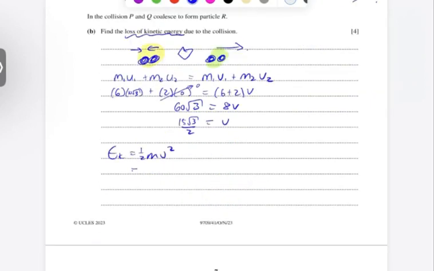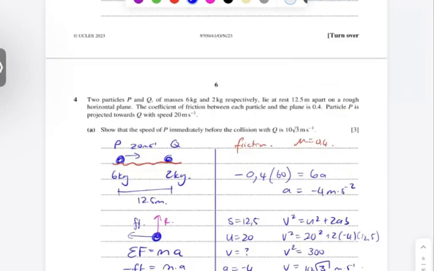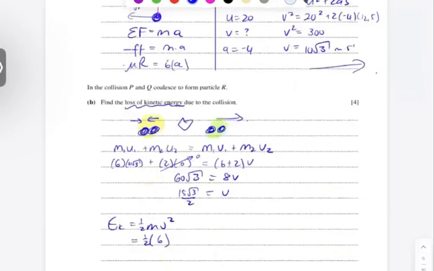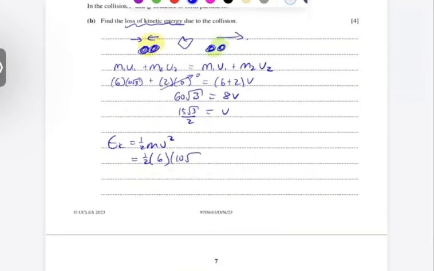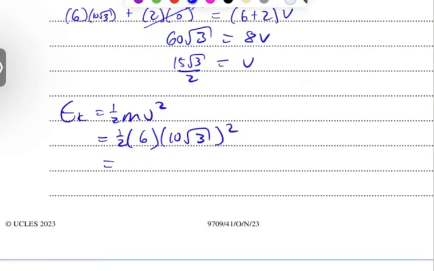Just before the collision, we only had kinetic energy for our particle P. So this is 0.5 times 6 times 10 root 3, which should be squared, and that's 900 joules.